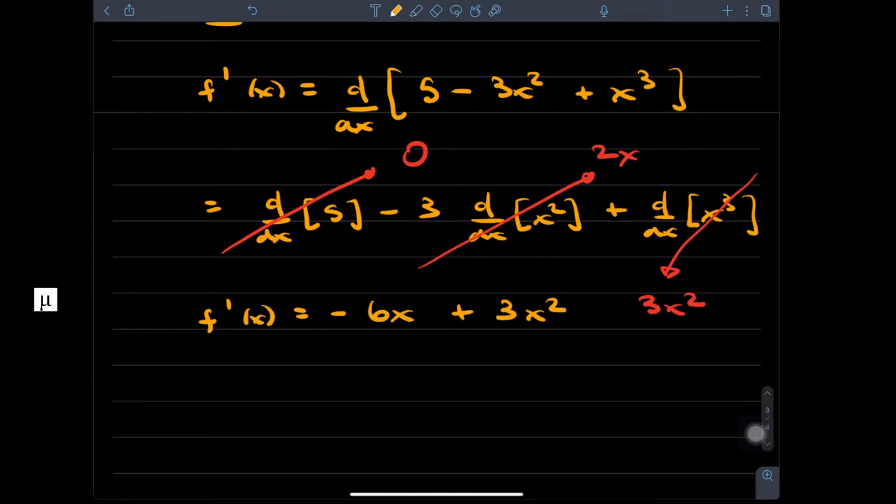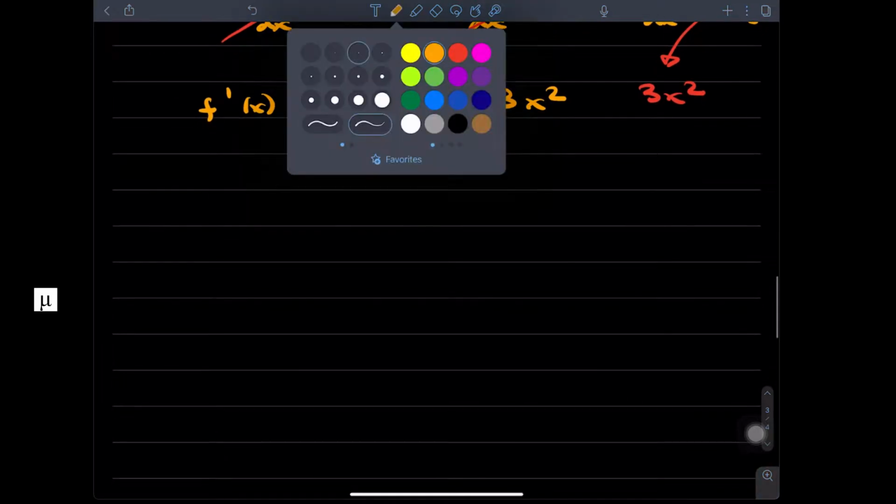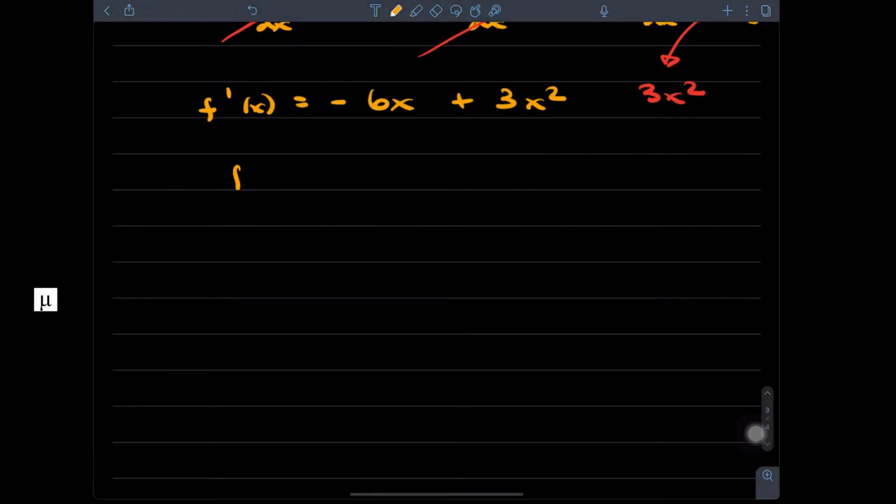But what do I need? I need the second derivative. Is that true? So say, what's the second derivative? You guys know how to get a second derivative? Take the derivative of the what? First derivative. Do it again.